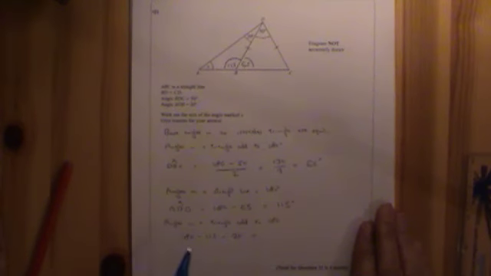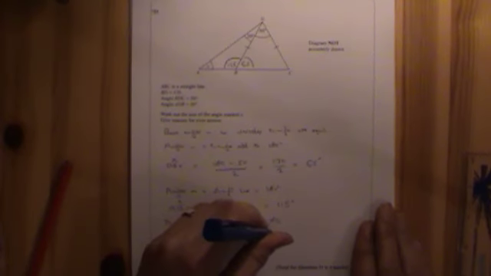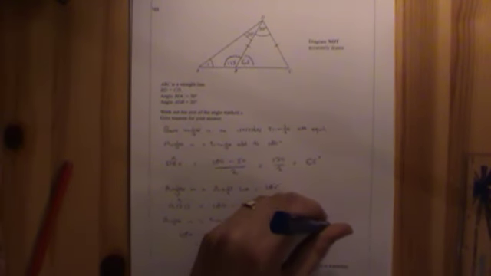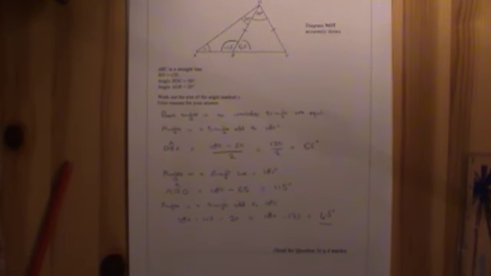So 115 and 20 is 135, so 180 take away 135 actually equals 45 degrees. So that is our answer, 45 degrees is the missing angle x.